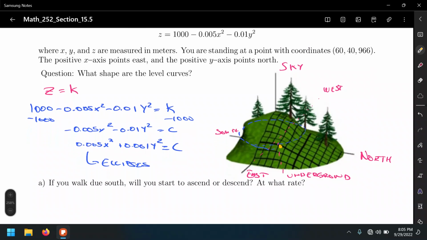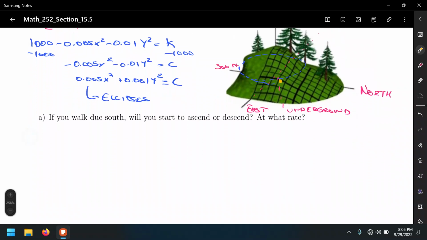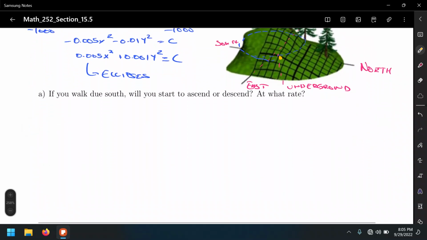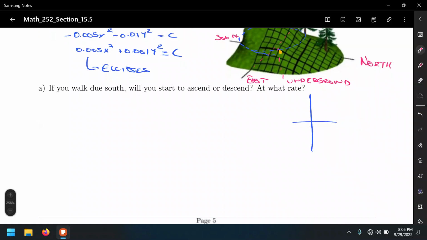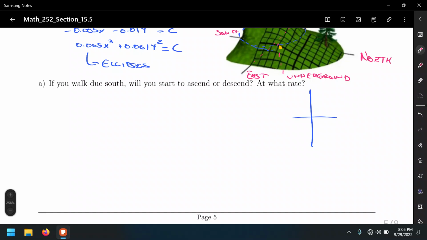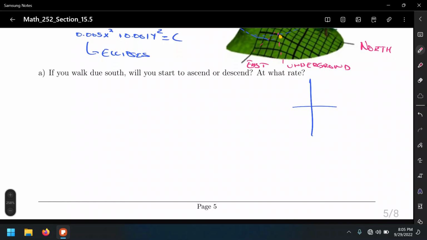Now, be very careful when they state the direction. We need to walk due south. So essentially we want to find the directional derivative, because we want to find the sign of that value that is going to take us either up or down. In this case, we're predicting that it's going to be up.